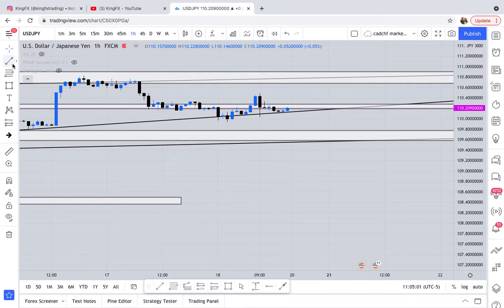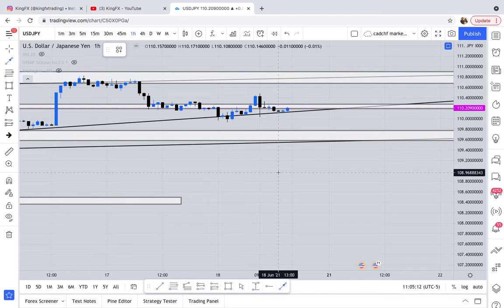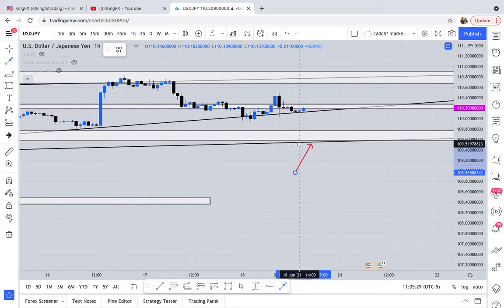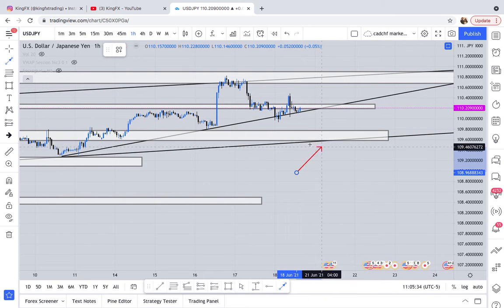So what we're looking for is for price, that's not what I wanted. What we're looking for is for price to continue pushing against this zone and then to break under this trend line right here, and then for price to go short and come down to our daily trend right here before going long again, or potentially breaking under it and going bearish.